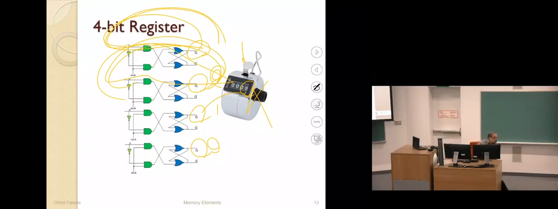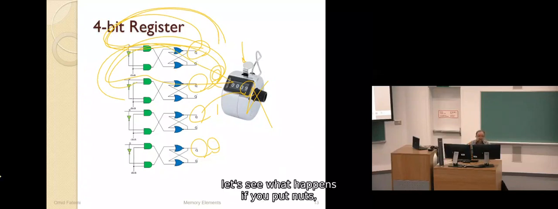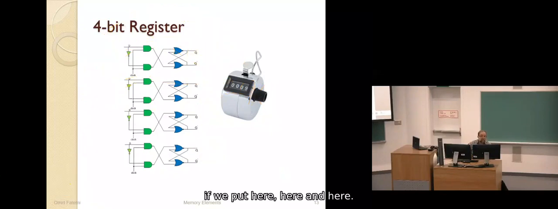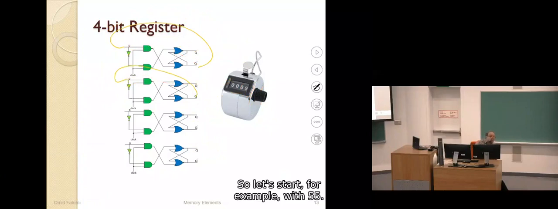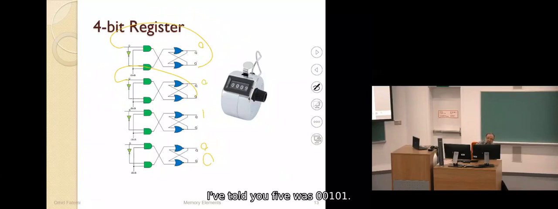So would it be Q naught then? But that's not good. It doesn't count. Because, for example, let's see what happens if we put Q naught. Let's start with 5. 5 was 0, 1, 0, 1.